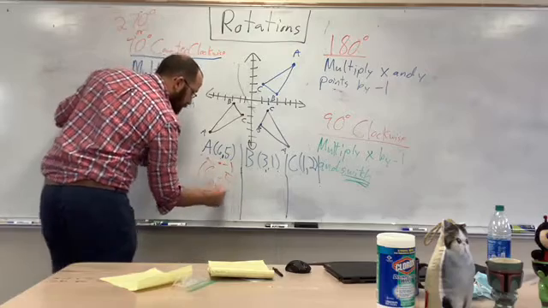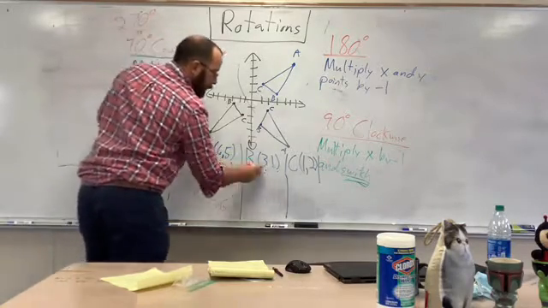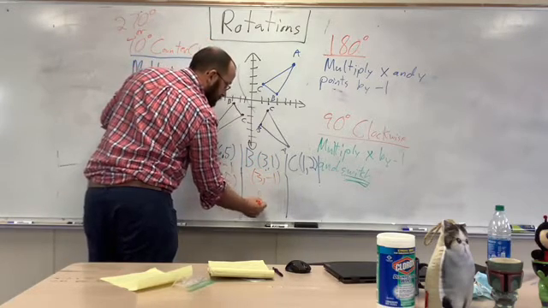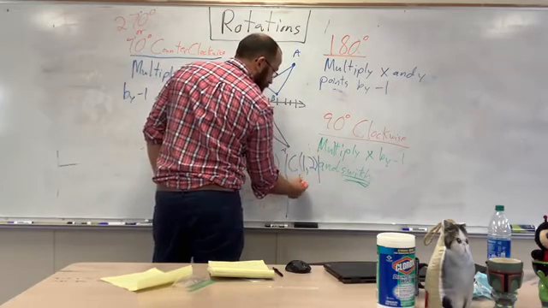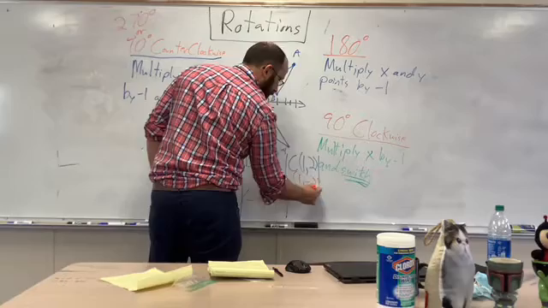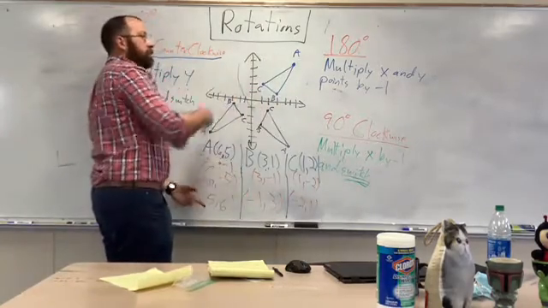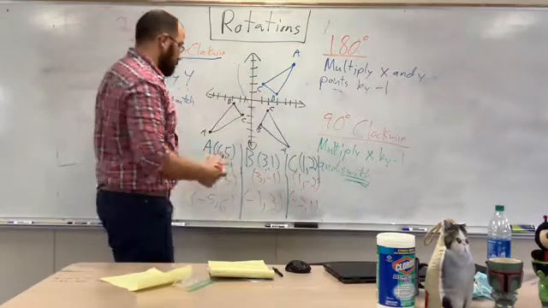And then I switch it. Multiply the y by -1. And then switch it. Now multiply the y by -1. And switch it. So now it should be up there. If it doesn't look like the image, I did something wrong. If it's not in the right area, I did something wrong.